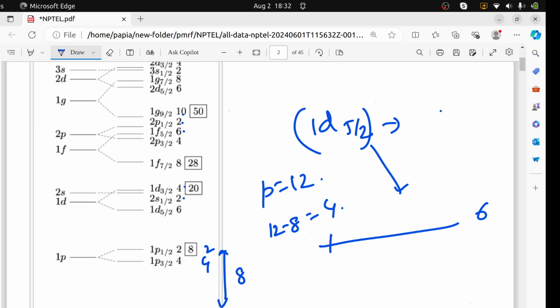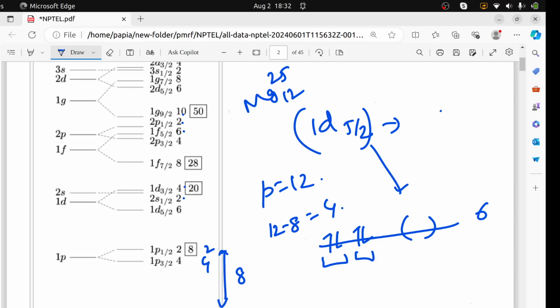That means one can do like that, one can do like that, and one can do like that. But for Mg-25, only 4 protons are left. So they will come here as well as here, and this state and this state will not be there, right? So there will be one vacancy here.